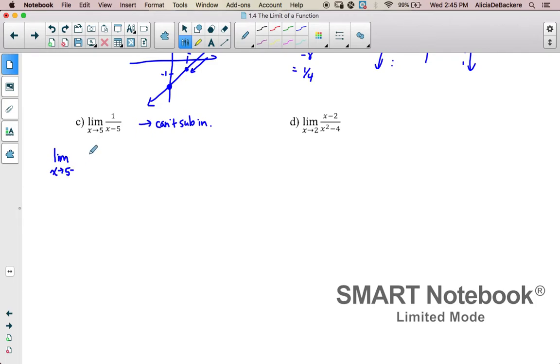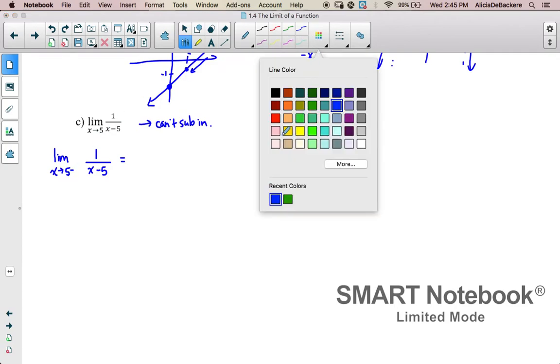So I'm going to do the left-hand limit of the expression. And when I do this, I'm thinking about plugging in a value that's a tiny bit smaller than 5, right? I'm on the left-hand side of 5.